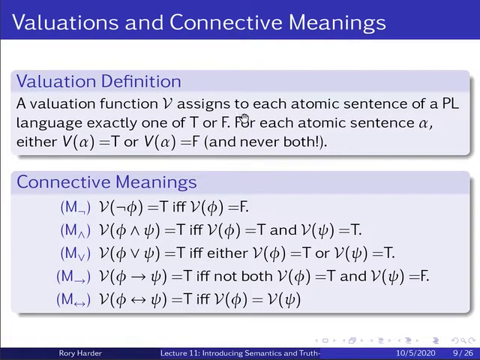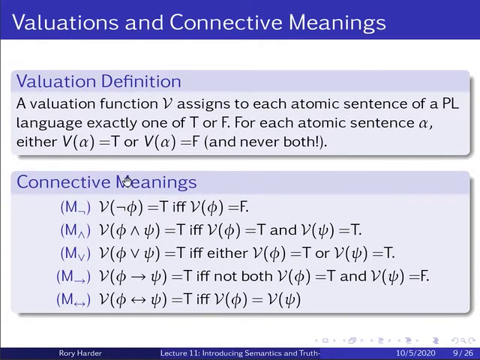We can write that as the following: for each atomic sentence alpha, either the evaluation assigns it true or the evaluation assigns it false, and never both. So each atomic sentence letter is assigned a truth value directly by evaluation.